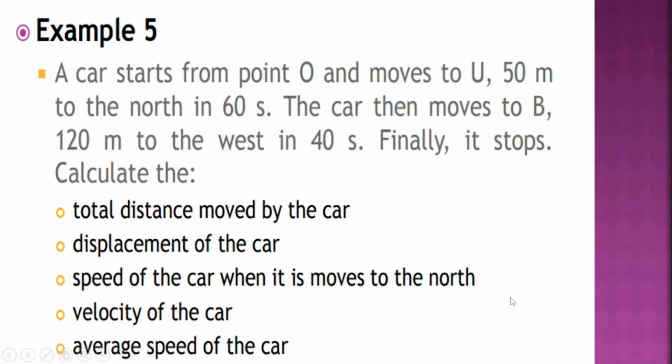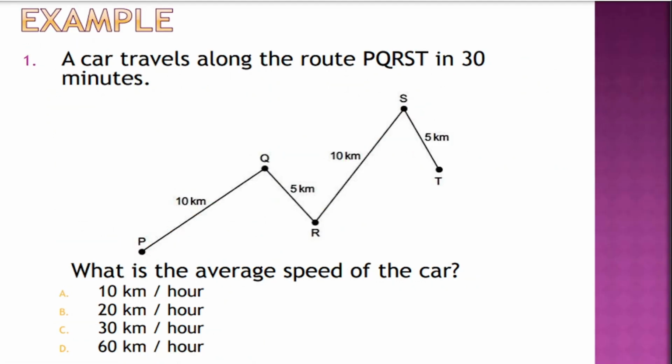Now you can see this example. In this example, a car travels along a route PQRST in 30 minutes. So the car covers the distance in 4 segments of time interval.